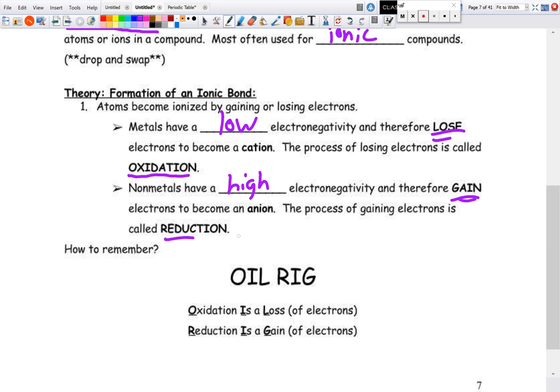We really dive into this in Chem 30 when we have an entire unit on electrochemistry, but for right now, just know metals lose electrons, that is oxidation. Nonmetals gain electrons, that is reduction. An acronym you can use for this is OIL RIG: oxidation is loss of electrons, and reduction is gain of electrons.